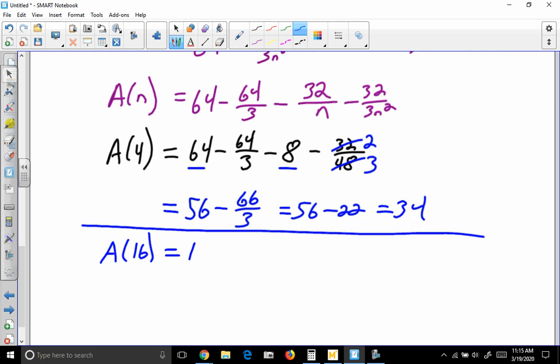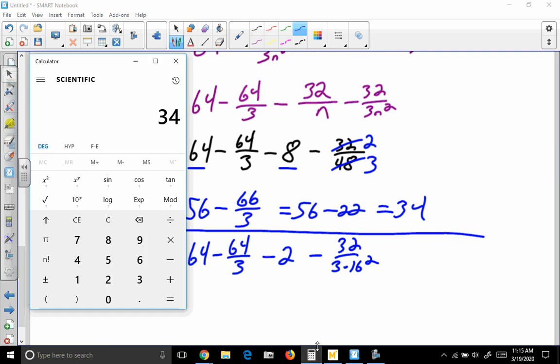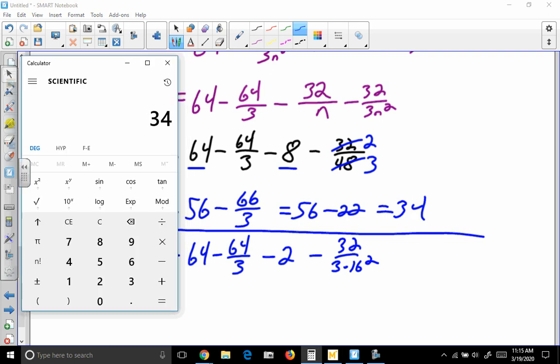So that would be 64 minus 64 thirds minus 32 over 16 minus 32 over 3 times 16 squared. And instead of getting this as a fraction, I'm just going to get a decimal approximation just to save time.